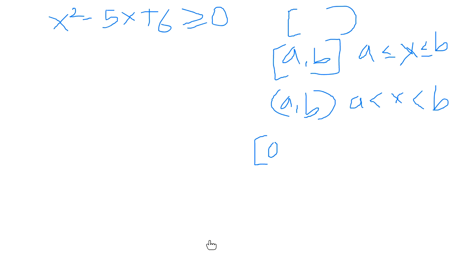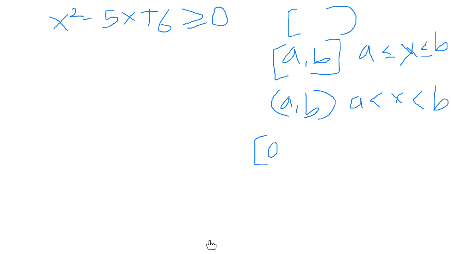You see the first one, A comma B, is called a closed interval. In this case, both A and B are inclusive. The second one is called an open interval. When you write it with an open interval, it means x will be between A and B, but A and B are not inclusive. Is that clear?